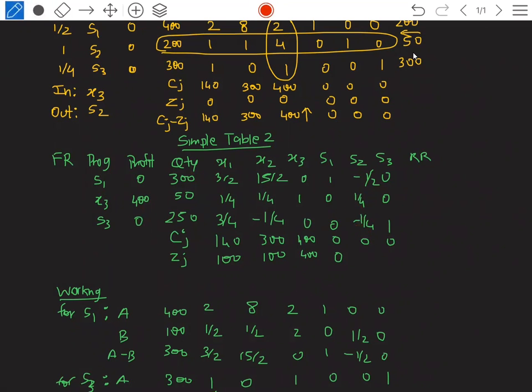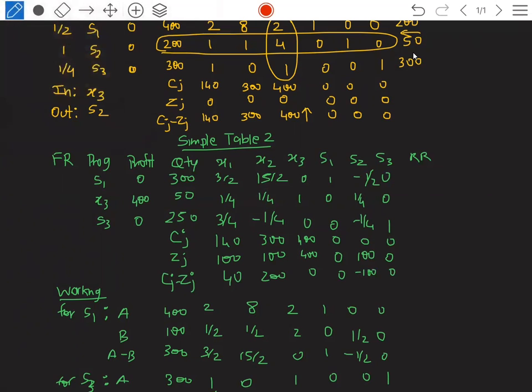So basically that's 100, which is 400 into 1 by 4. And then this is going to be 0. Then we have Cj minus Zj values, which is 40, then 200, 0, 0, -100 and 0.